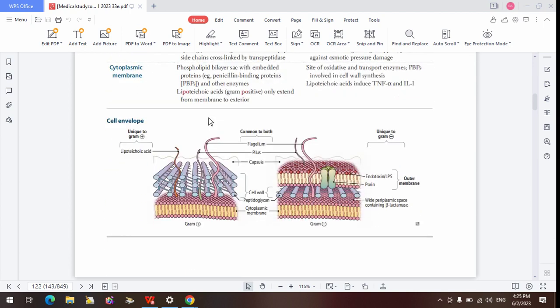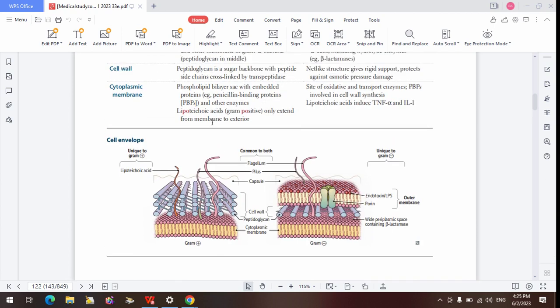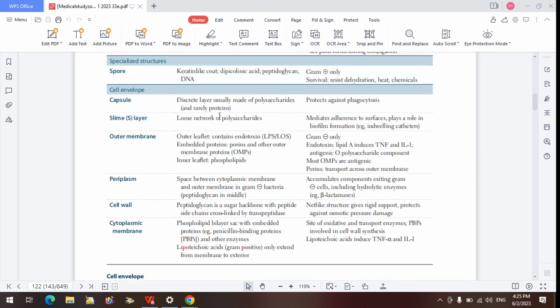What is the major function of the capsule? The capsule is just to protect against phagocytosis from the macrophages, particularly due to activation from IgG or complement. But there's a way you can overcome that capsular barrier.